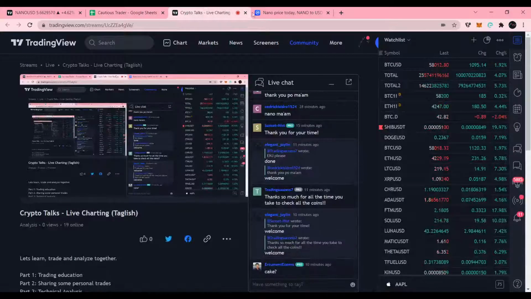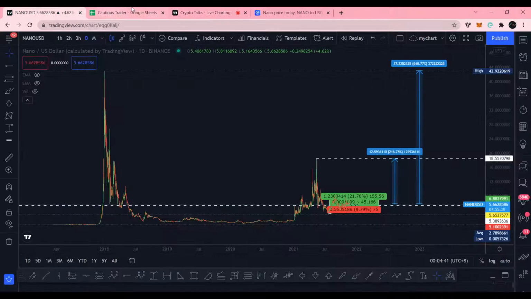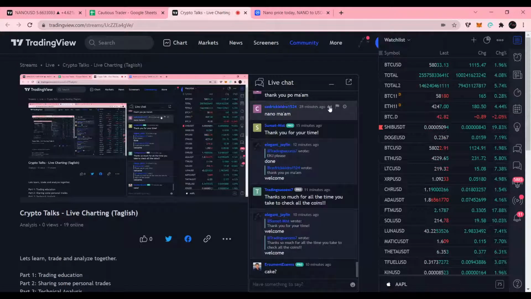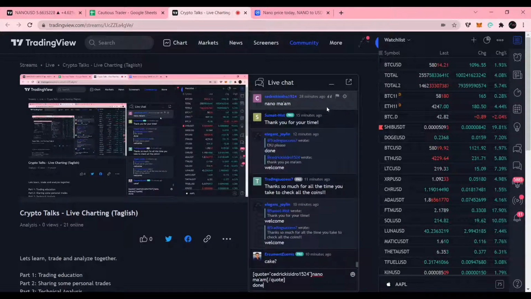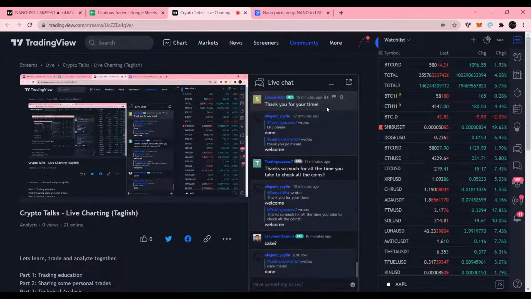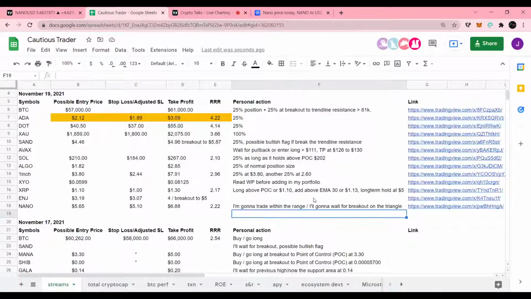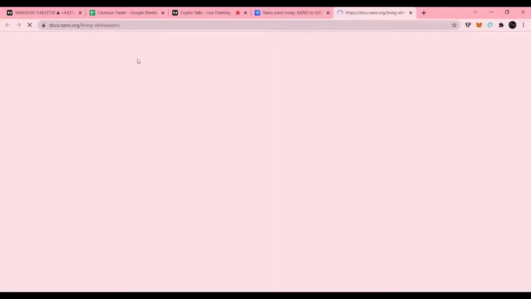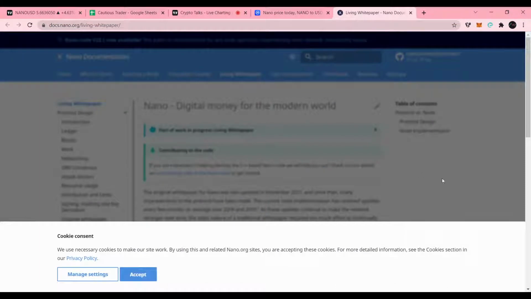So, Cake. Okay, done with Cedric Sandan's question. If Nano is good, where is its white paper? Here. It says digital money for the modern world. Okay.